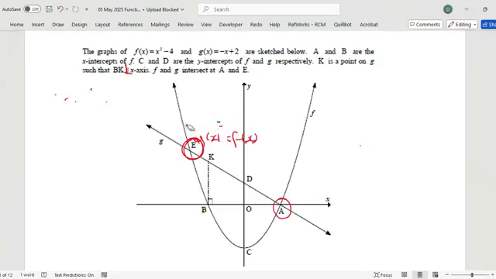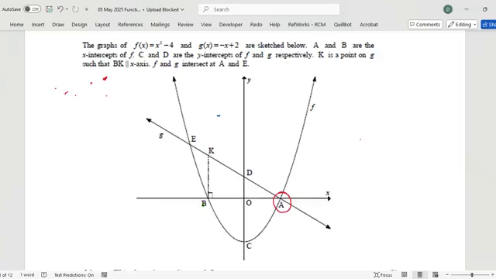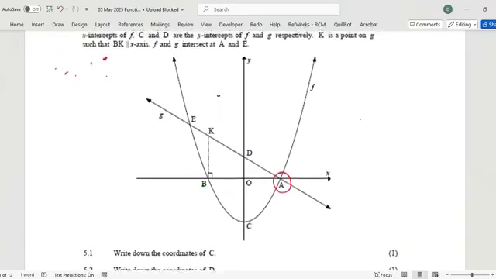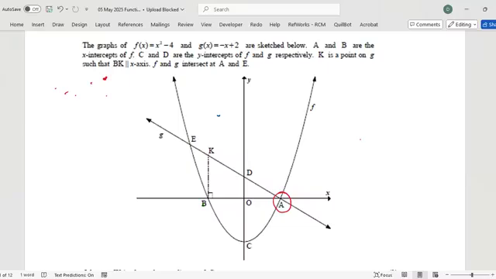Now, I want us to answer the questions. We can simplify further to understand better, but let's go to answering the questions. The first question says determine the coordinates of C. What you need to ask yourself is, what is C on this graph?